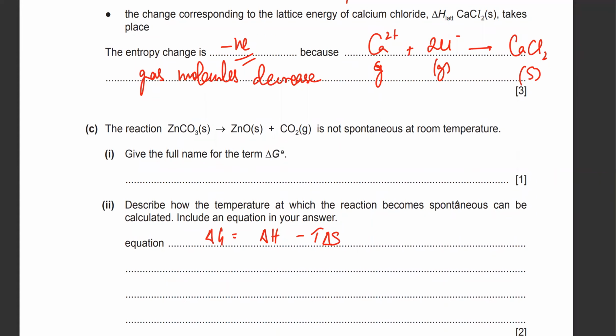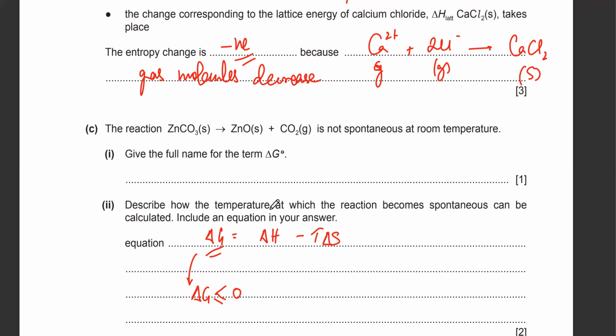So for a spontaneous reaction, what should the value of delta G be? For a spontaneous reaction, delta G has to be less than or equal to 0, exothermic. Because delta G is the overall energy change of the reaction.